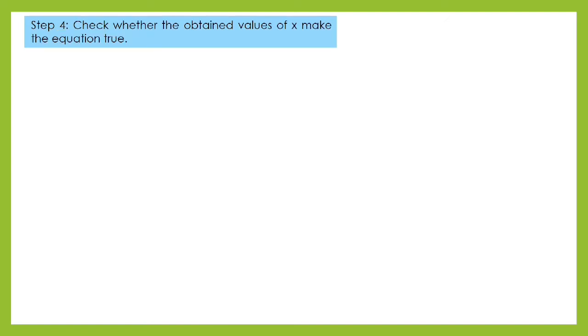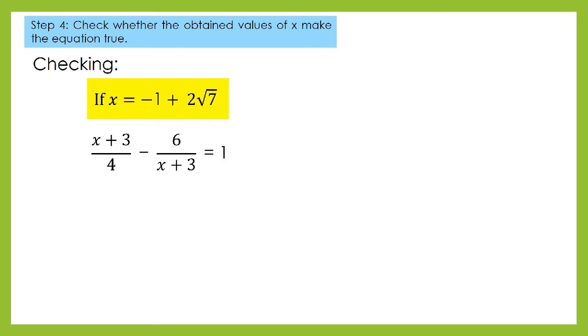Let us now do the checking. Our first root is negative 1 plus 2 square root of 7. Isa-substitute natin ito sa original equation. Remember, ang ating original equation ay rational algebraic equation, so ito ang ating gagamitin na equation.